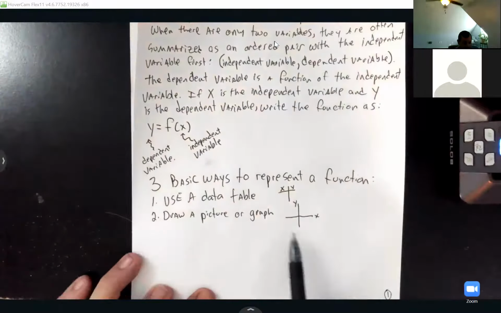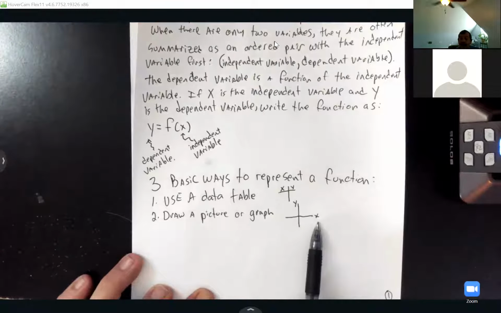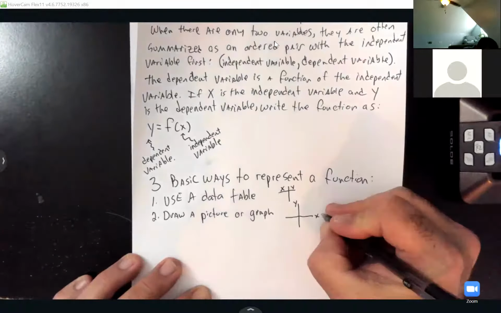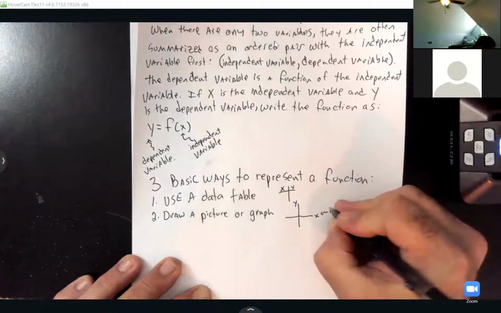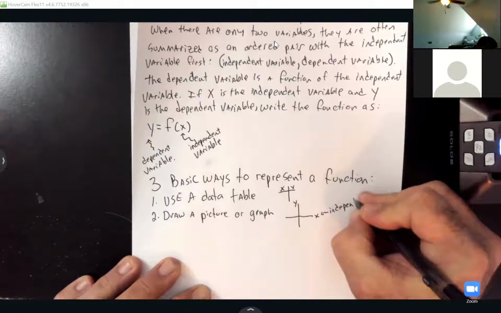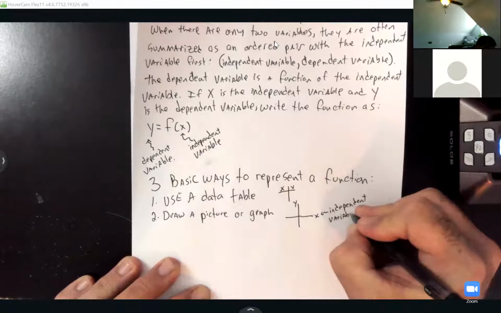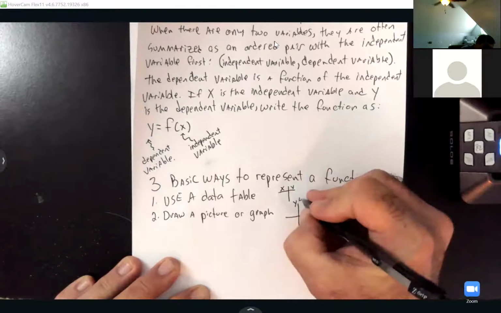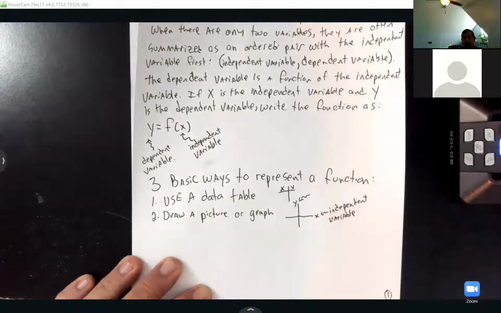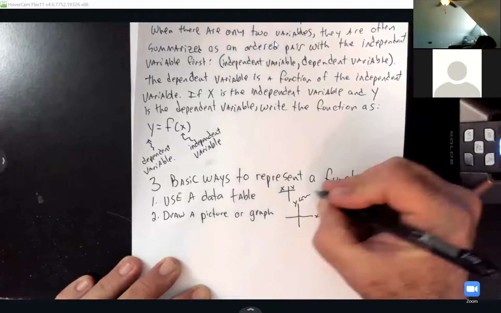if you're looking at a graph, the horizontal axis is your x-axis. That's for your independent variable. And then the y-axis is what we called our dependent variable.